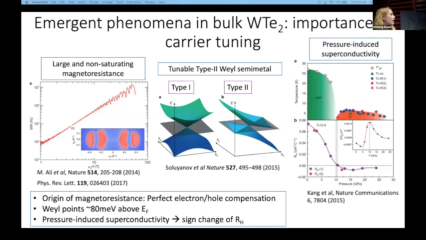In these experiments, it appears that superconductivity only emerges when, first of all, the large and non-saturating magnetoresistance goes away, and also when there's a change in the sign of the Hall number.